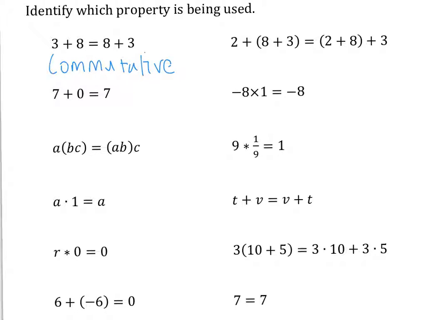This would be the additive identity, because I'm adding 0 just to get the number itself. A times BC equals AB times C. So what I'm doing is just shifting the parentheses, so this would be the associative property.